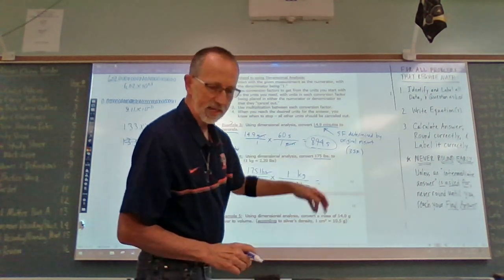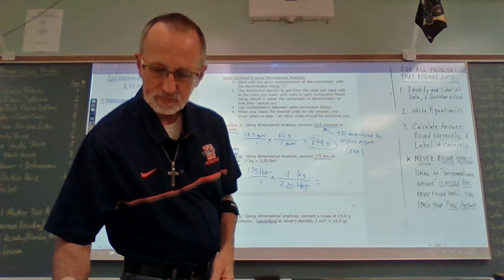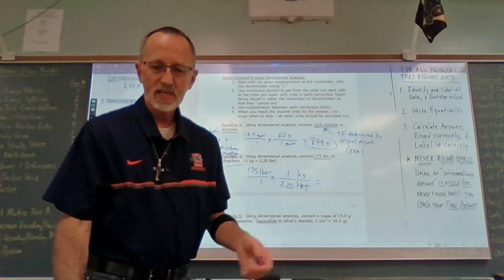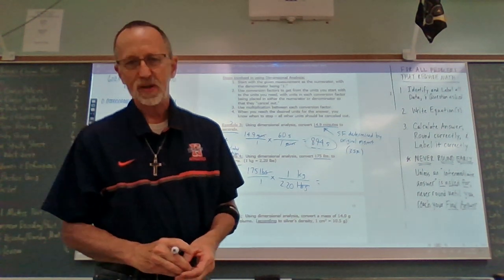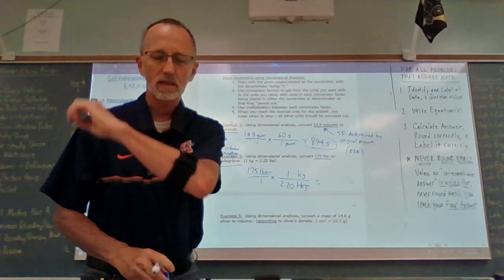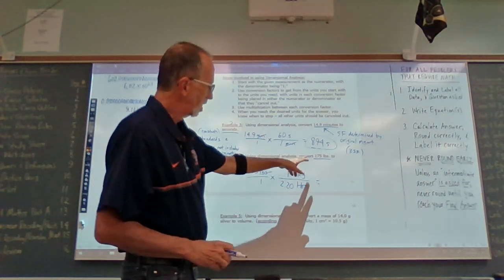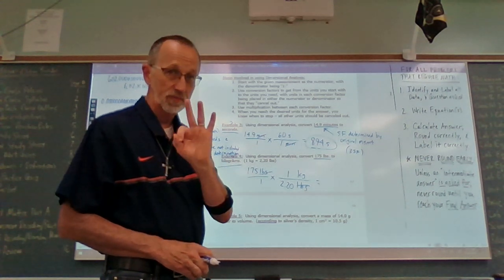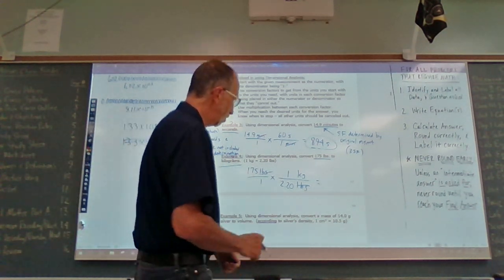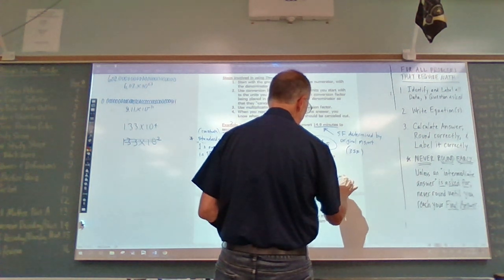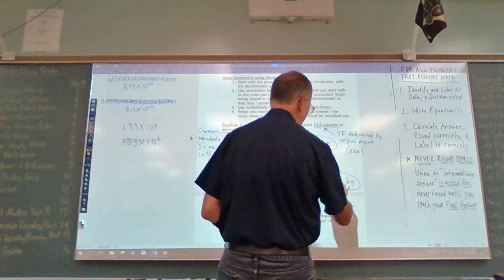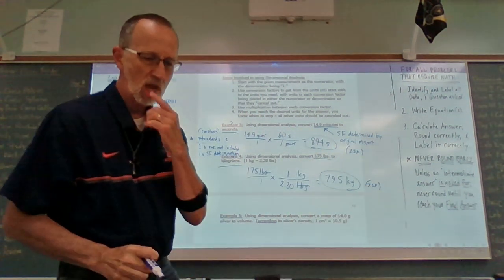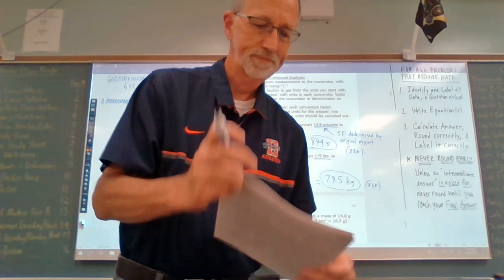And when I do that, just to give you the long answer, it is 79.545454... Based on the fact that our original measurement has 3 sig figs, we will round this answer to 3, and so that would be, in this case, 79.5 kilograms. 3 sig figs. Okay? Let's go to the next one.